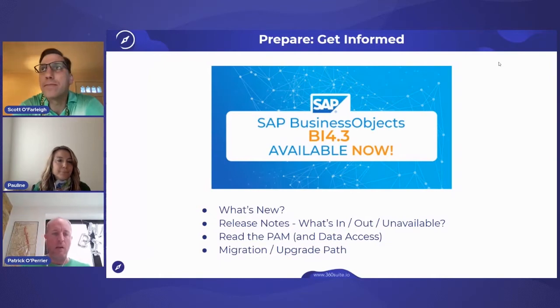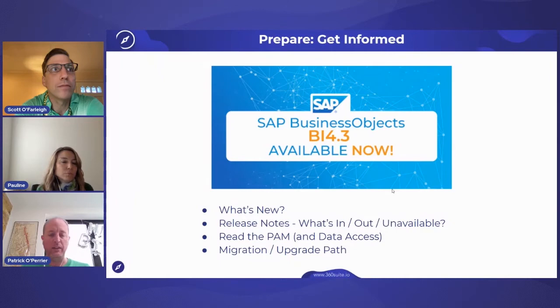Okay, so we will be sharing the slides. Each slide has this little icon here with some hyperlinks. This is for a blog I wrote a little while ago now. But yes, you want to go to 4.3, that's great. But what's new? What's there? What's not there? So if you were in a previous session, you know that 4.3, well, SP00 had things missing compared to 4.2.